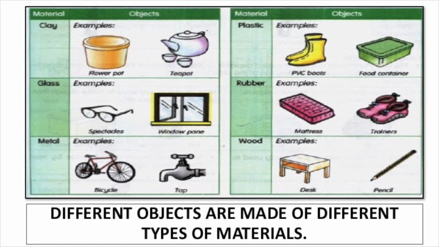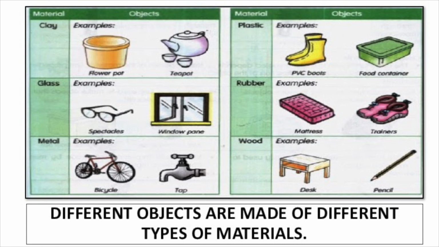Yes. Rubber. Now I think maybe you all sleep on rubber every night because the mattress on our beds is made of rubber because it's nice and soft. Rubber mattress. And then also trainers or shoes. And the final one, wood.